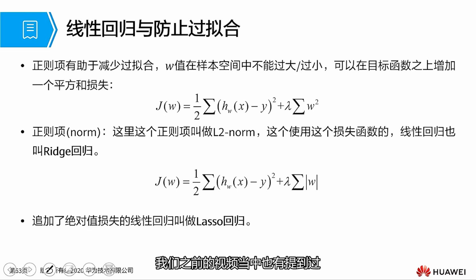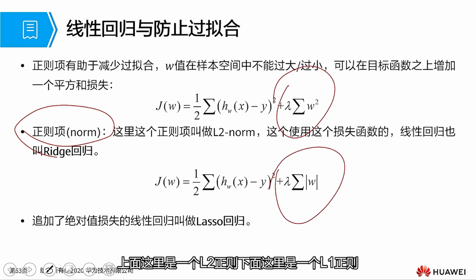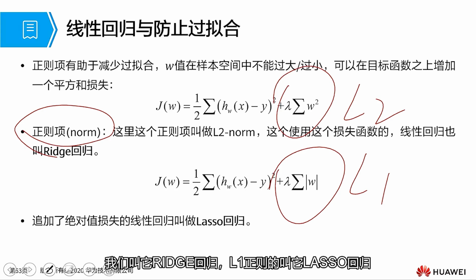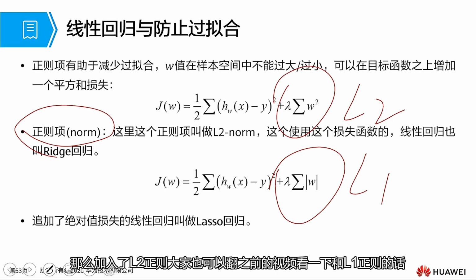For example, this part and this part: above is an L2 regularization term, and below is an L1 regularization term. L2 regularization, we call it ridge regression. L1 regularization, we call it lasso regression. You can also review the previous videos. With L1 regularization, we are equivalent to performing an enhancement and inhibition on certain features from before.